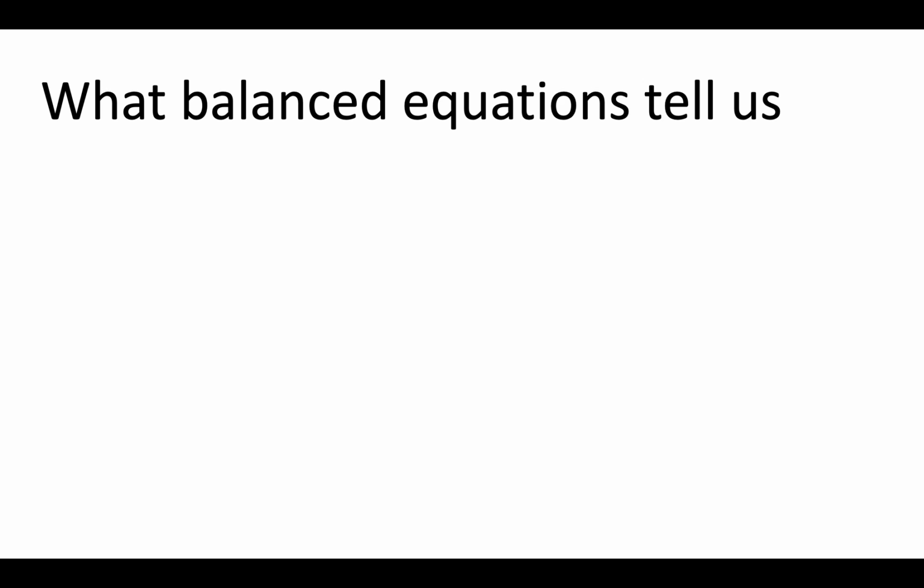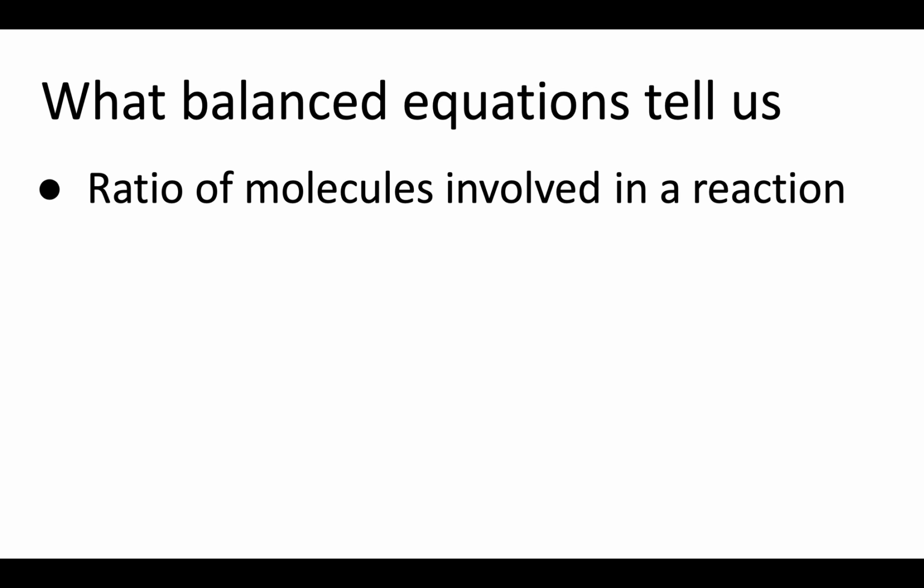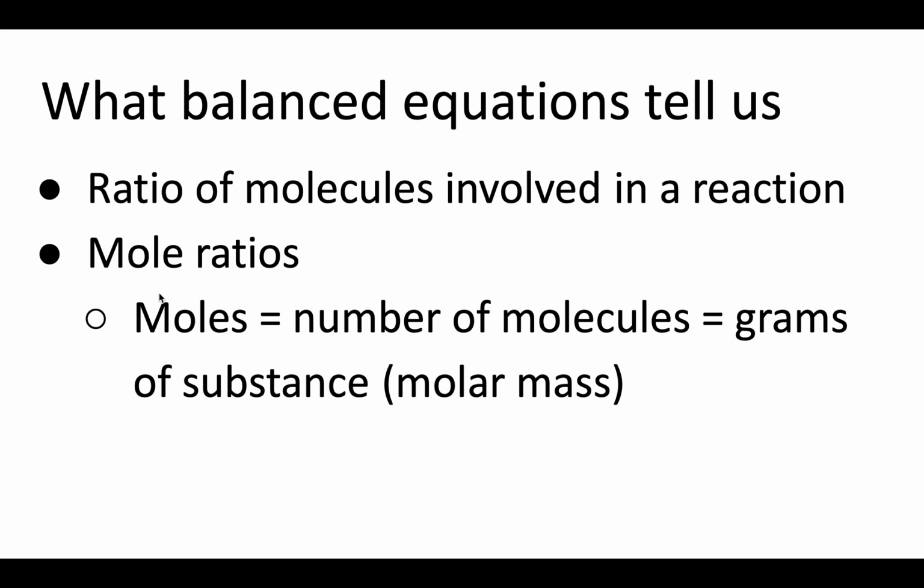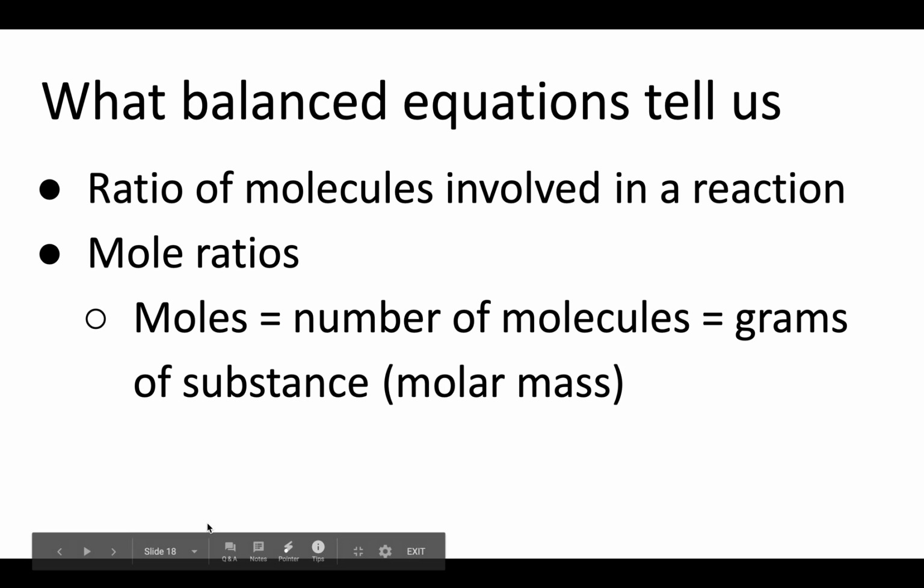And don't forget that besides those mole ratios established by the balanced equation, the other place we've seen moles is that we've converted moles into number of molecules. In 1 mole of some substance, there are 6.022 times 10 to the 23rd molecules. We've also converted moles into grams.